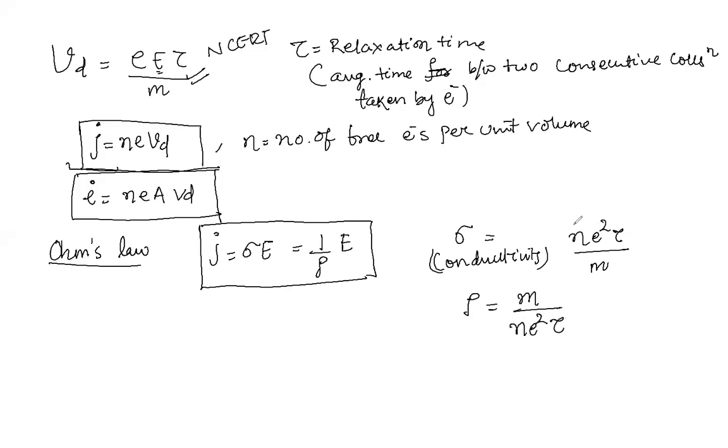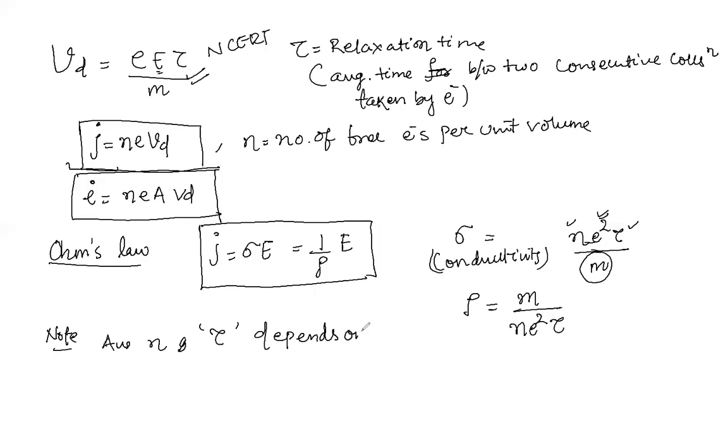Can we see that charge is constant and mass is constant, but n and τ, these two factors depend on the material. So we can write down as a note here that the number of free electrons per unit volume, and τ, the relaxation time, depend on the material.